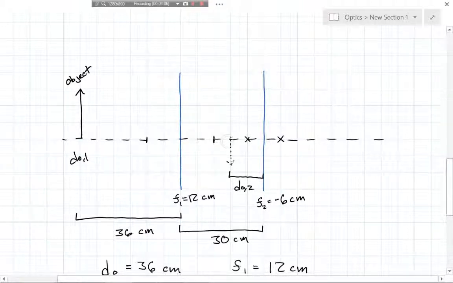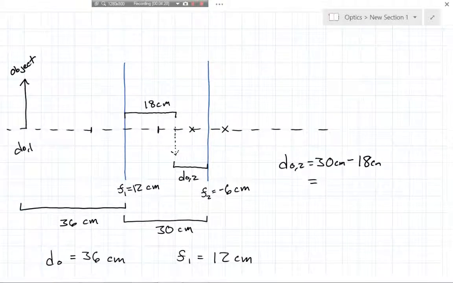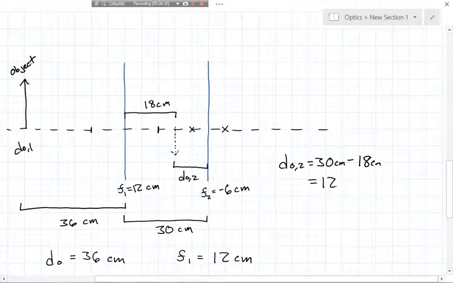We're told that the two lenses are 30 centimeters apart, and we found that the image formed 18 centimeters to the right of the first lens. So do2 is equal to 30 centimeters minus 18 centimeters, which is equal to 12 centimeters.